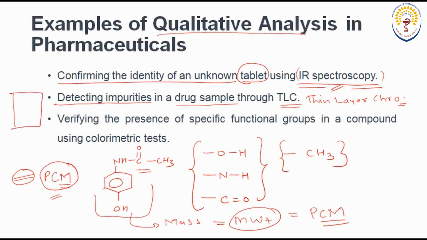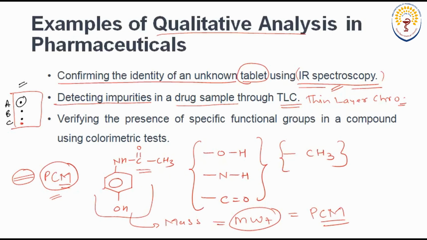If the sample contains three components A, B, C, when we run the mobile phase, A, B and C will be separated and appear as spots when we perform visualization.